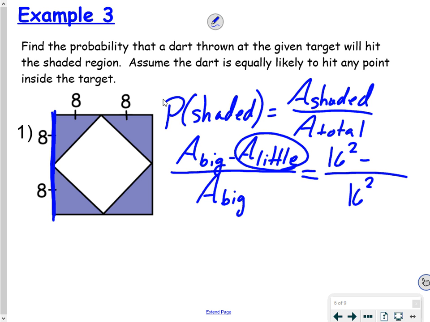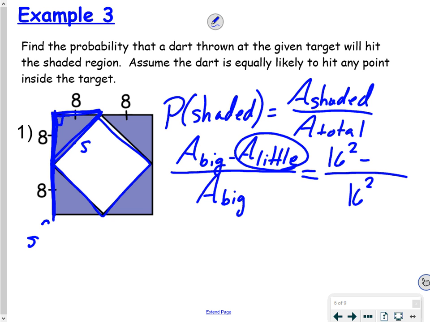Like we said before, the area of a square is just side length squared, so we have to find that side length. Now if we take a look at this triangle, it's a right triangle. So we could just use the Pythagorean theorem to figure out the hypotenuse of that triangle, which would be the side length of the little square.